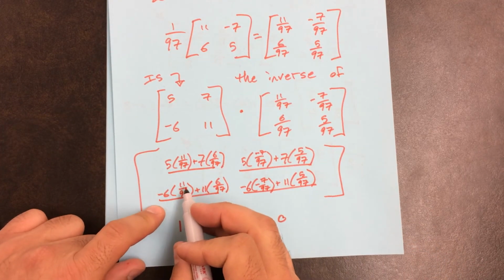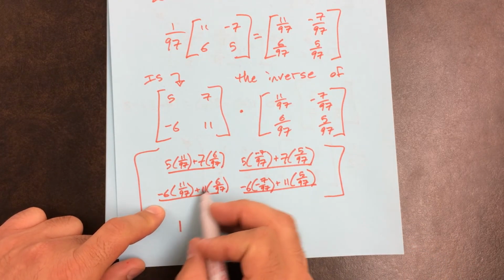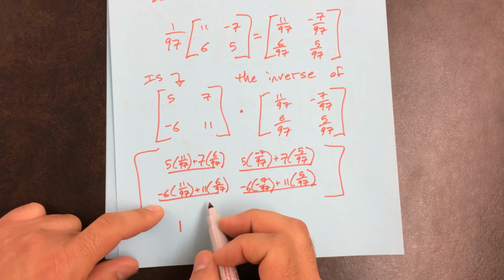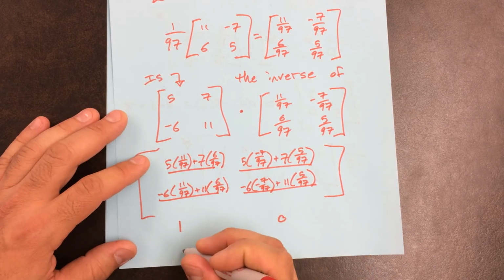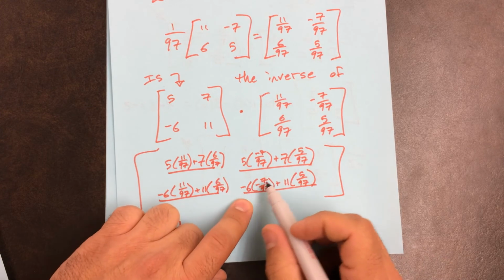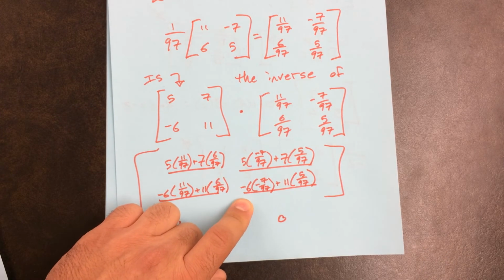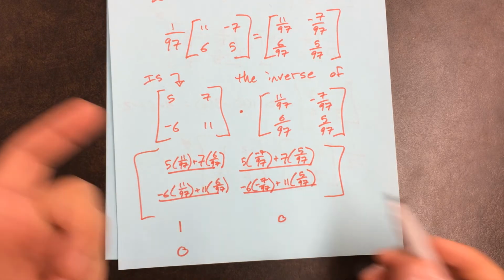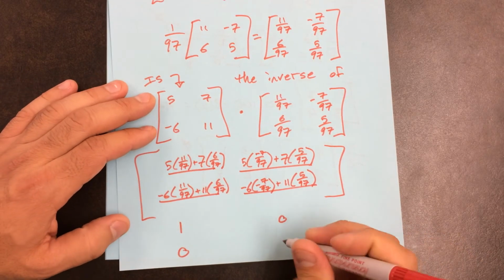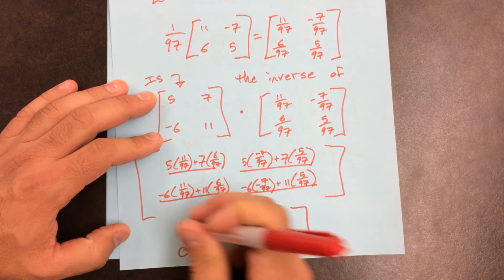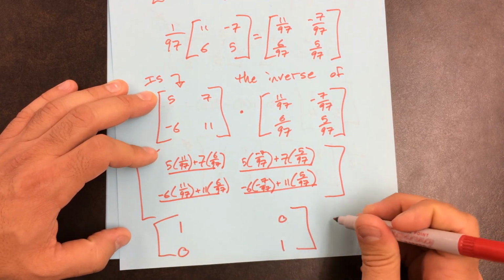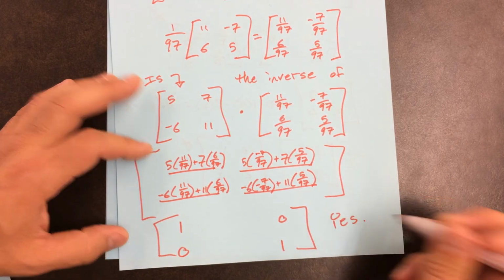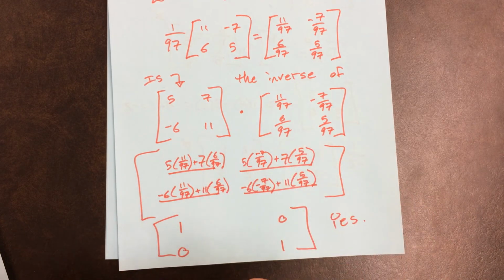This gives me negative 66 over 97 plus 66 over 97, which is 0. This gives me positive 42 over 97, and this gives me 55 over 97. So 42 plus 55 is 97 over 97, which is 1. So it did give me the identity matrix, so the answer is yes, these two are inverses of each other. And that's it.